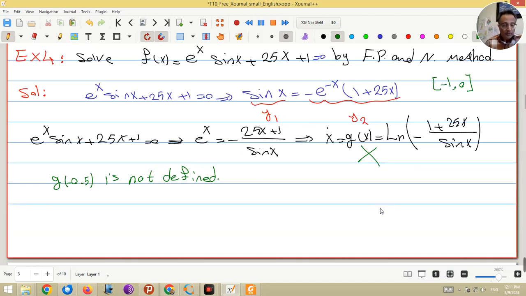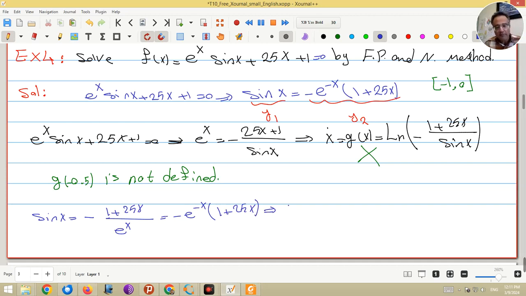Okay. The other choice maybe can be like this: sine of x equal to minus 1 plus 25x over e to the power of x. It will be minus e to the power of minus x times 1 plus 25x. Okay?